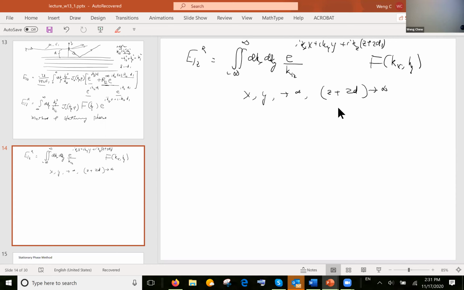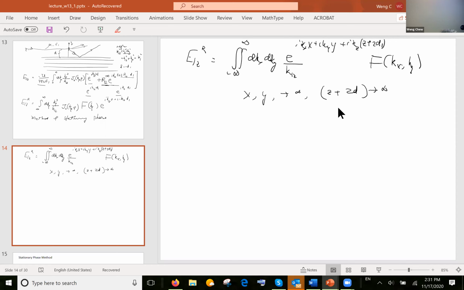When this is large, a little bit of change you make to kx or ky, the integrand is going to change rapidly. Also, if z plus 2d1 is very large, a little bit of change you make to kz, the integrand is going to oscillate wildly.